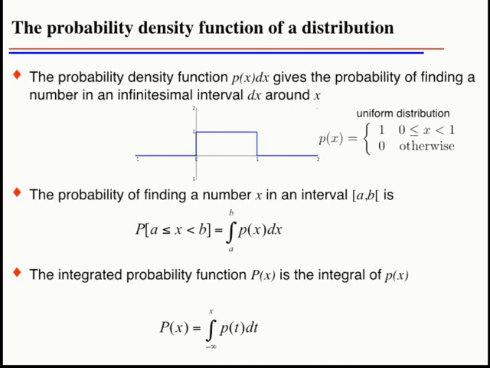What we can look at is a finite probability of finding a number between a range. For example, a range between a and b, we just integrate all the infinitesimal probability, and we get a finite number out of it. An example of probability distribution is the uniform probability distribution, that's just 1 between 0 and 1 and 0 otherwise.